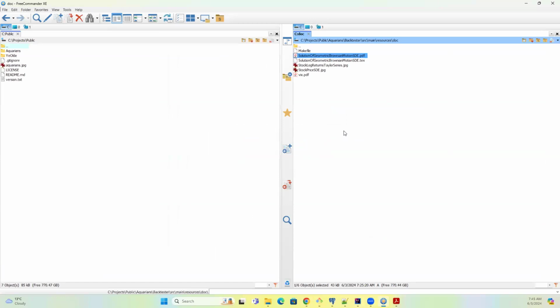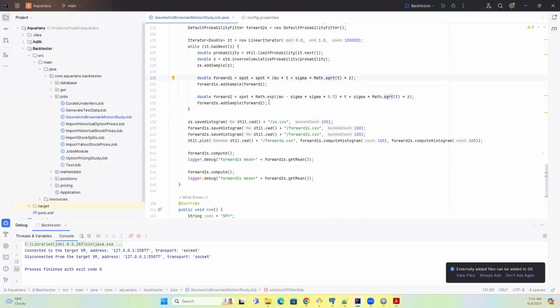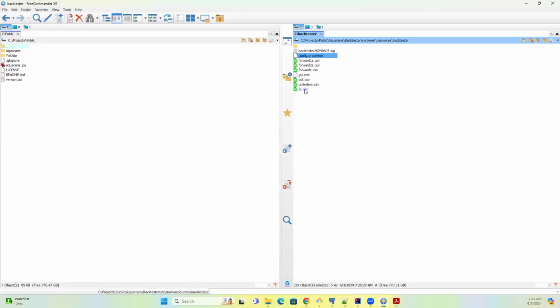And we have generated the z's. Let's see how this z variable looks. It should be a normal distribution.